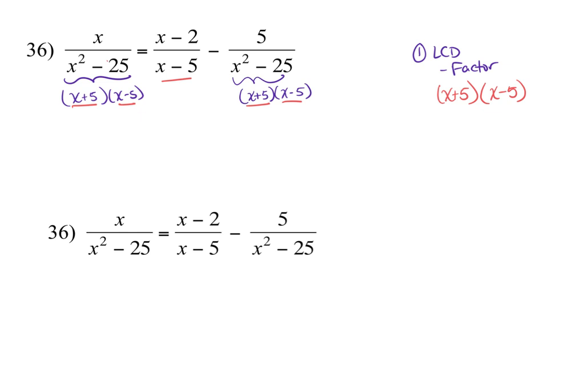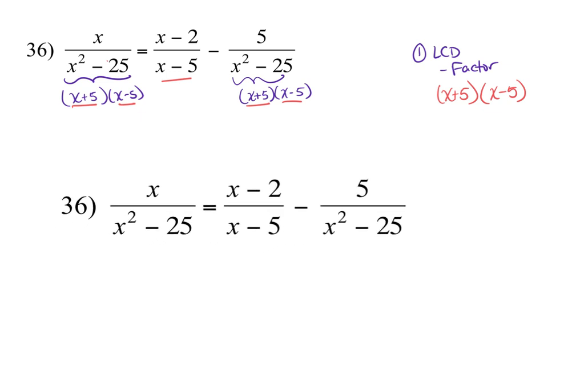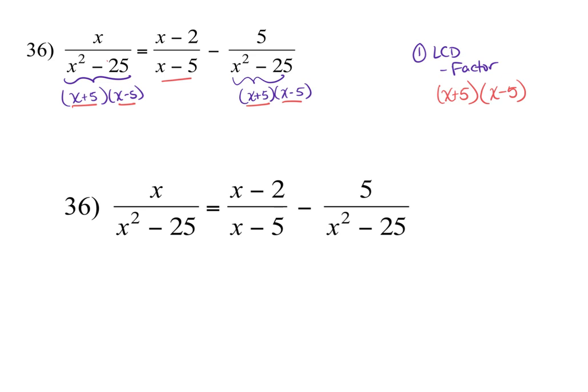So if I look at this, I'm going to take the x over the x squared minus 5 and multiply it by the common denominator, which is the whole denominator, by the way.